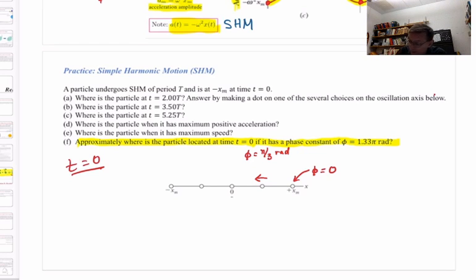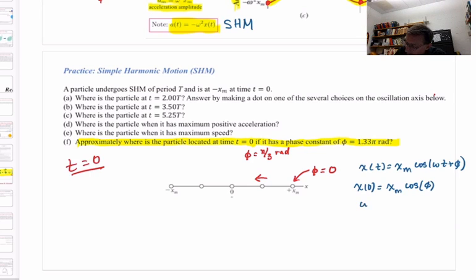I get that, by the way, by just taking the x of t equation, x max cosine of omega t plus phi, but now let's substitute in time 0. That's what that means, x of 0. So here I plug in time 0, and all that's left inside the cosine is the phi.